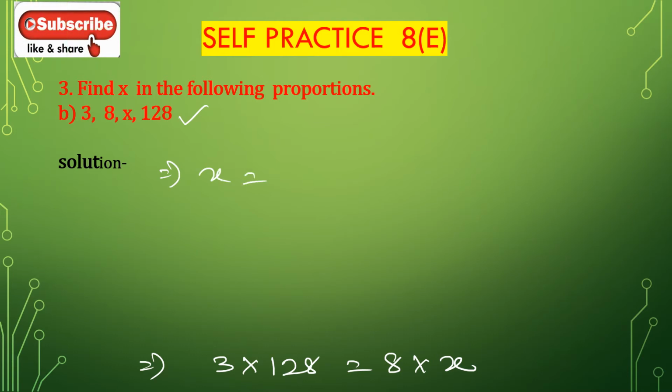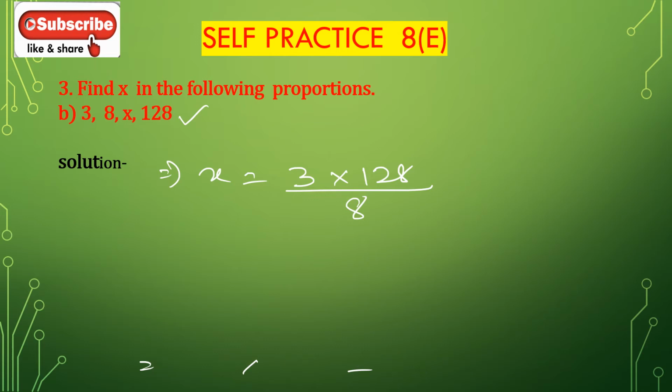This implies x is equal to, we transpose this 8 to the left hand side, that is, multiplication changes to division. x is equal to 3 multiplied by 128 divided by 8. Cancelling 8 and 128: 8 1s are 8, 12 minus 8 is 4, 48, 8 6s are 48.